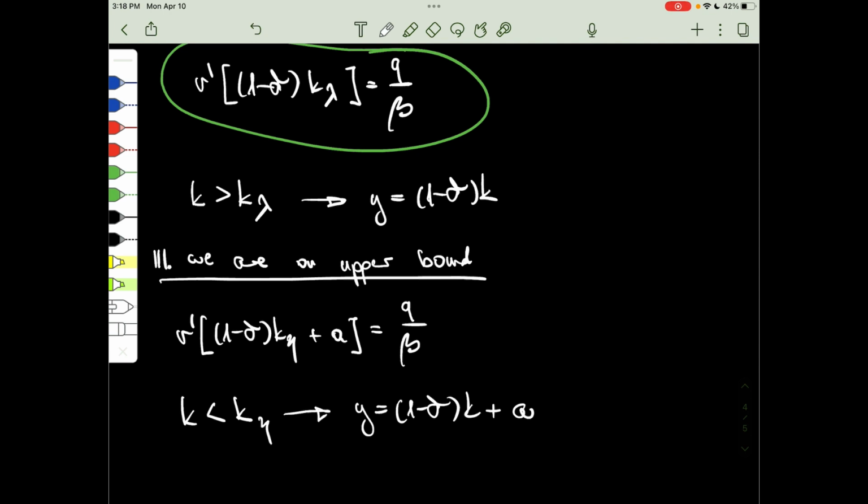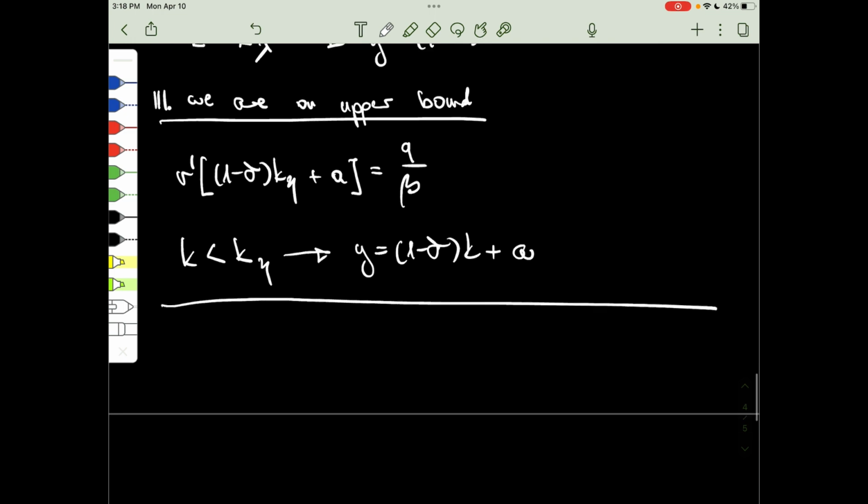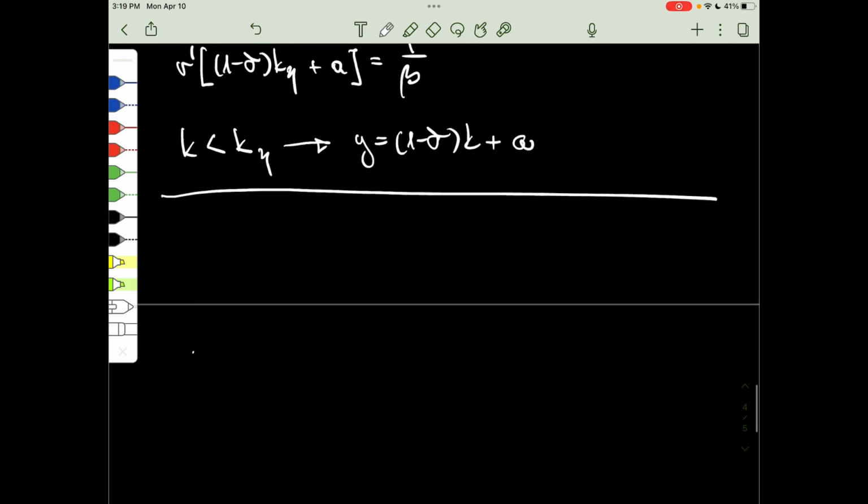And now we have a complete description of the policy function, because we have discovered all the three cases. So we are on the lower bound if k is higher than the threshold level.